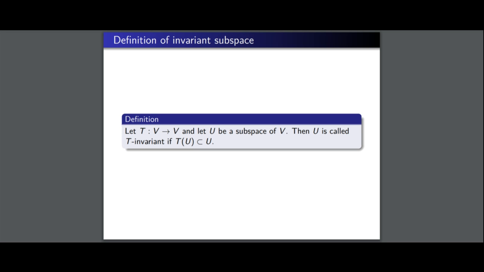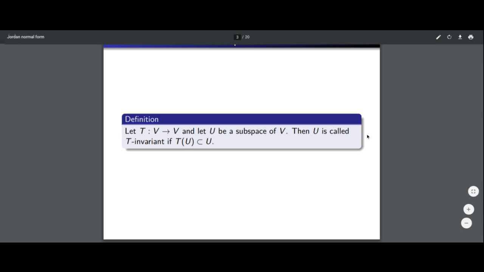The idea is, if V is U plus W, a direct sum, and U and W are T invariant subspaces, then when I compute the matrix of T, as long as the bases I use come from U and W, I get a matrix A here, a matrix B here, and zeros elsewhere.